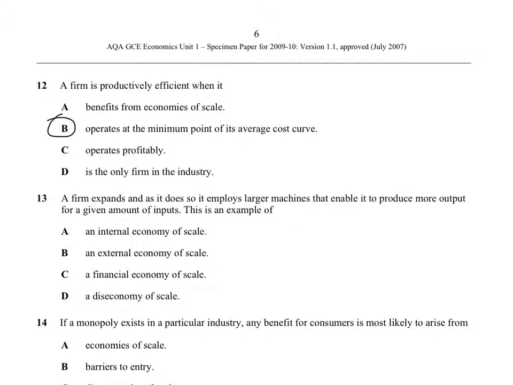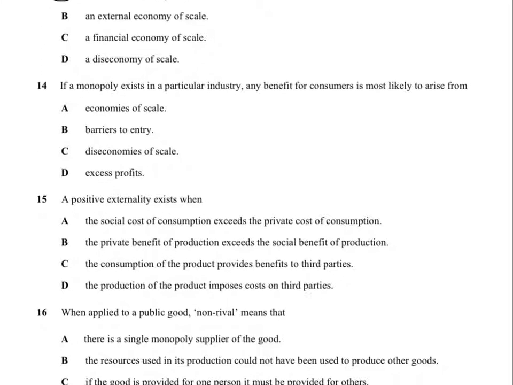This is the example of, well, again, internal economy of scale. We should be aware of these sources of lower costs for larger companies. The idea of a technical economy of scale in this case is what we're looking at, straightforward.